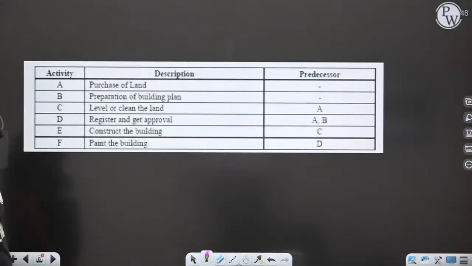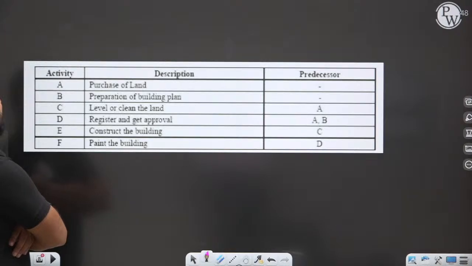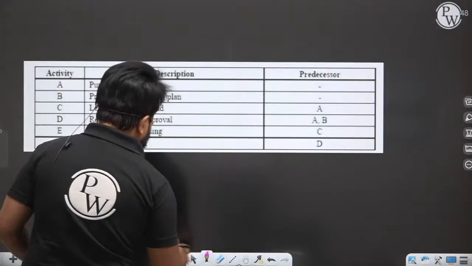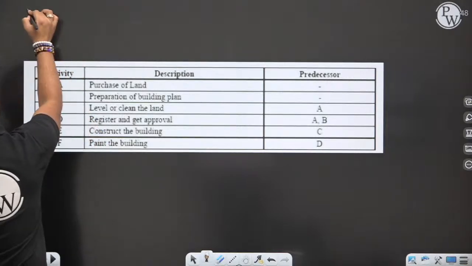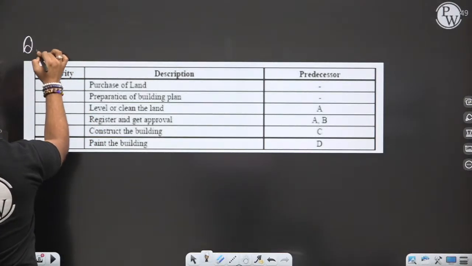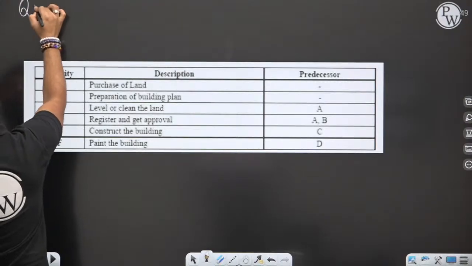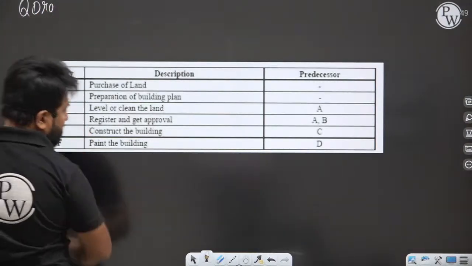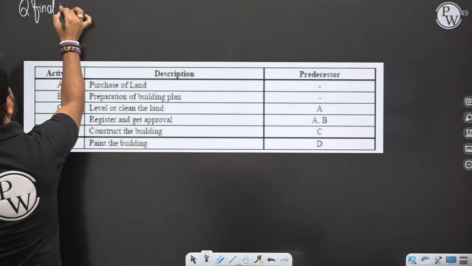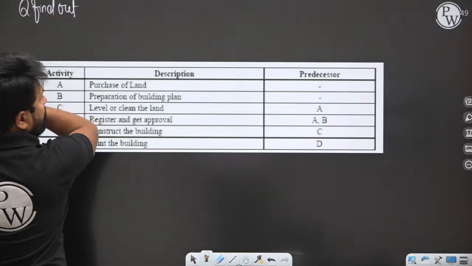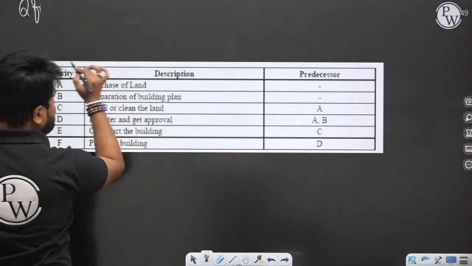Now again there is a question, please try to find out the solution. The question is very simple. Here the question is: draw the network and find out the number of critical paths.